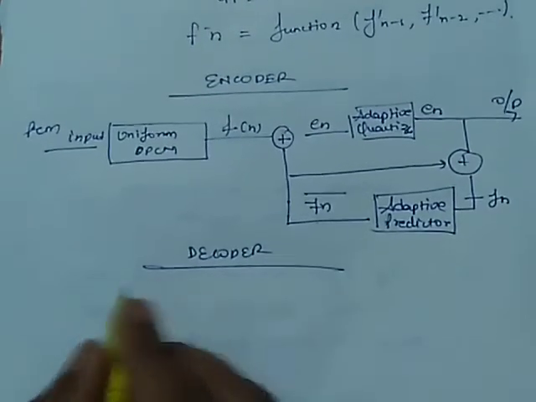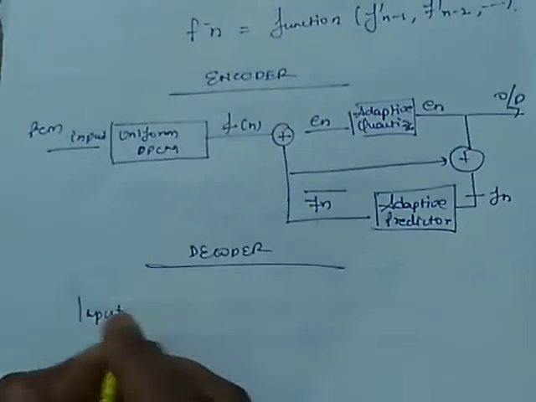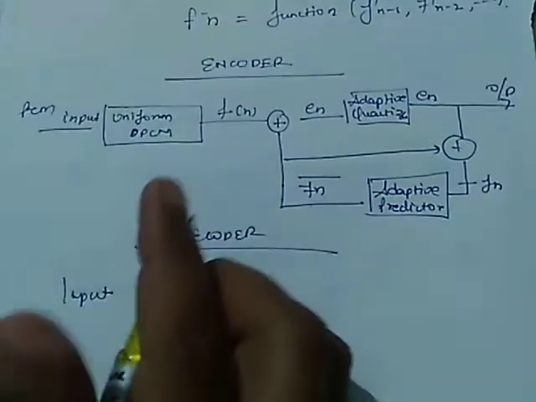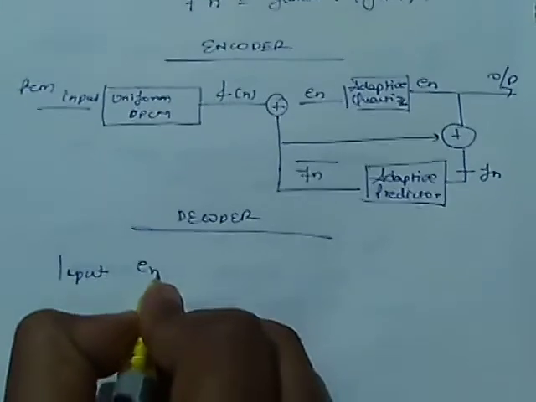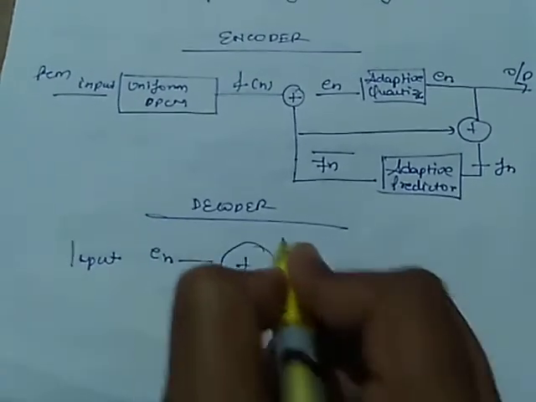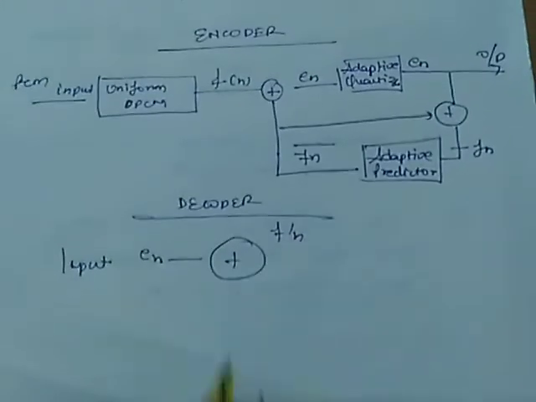In the decoder, the input value is given by E n, that is equal to plus f dash n.